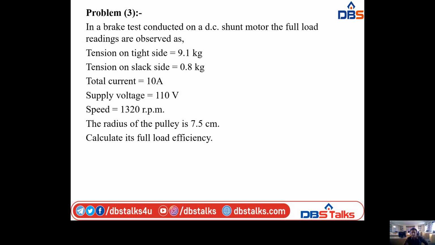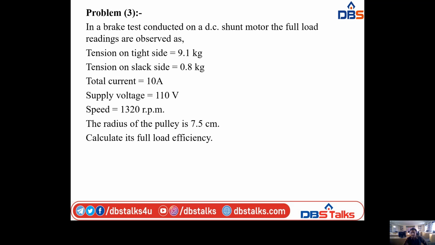Total copper loss for the set is the motor total copper loss plus generator total copper loss. So the motor total copper loss is 647.27 plus the total copper loss for the generator is 481 watts. We have the total copper loss for the motor generator set is 1128.27 watts.